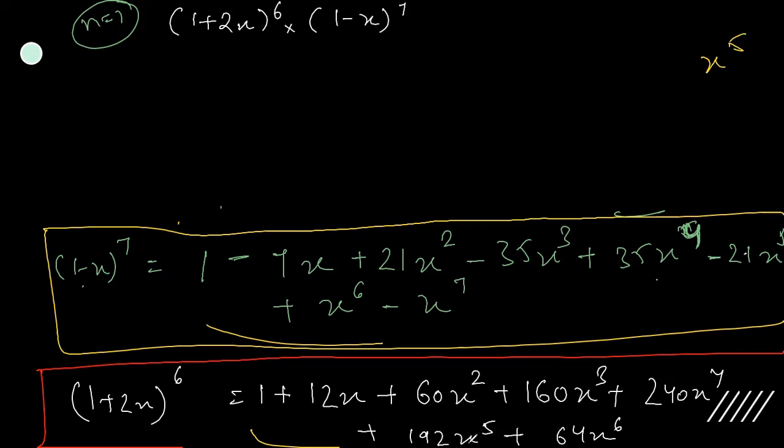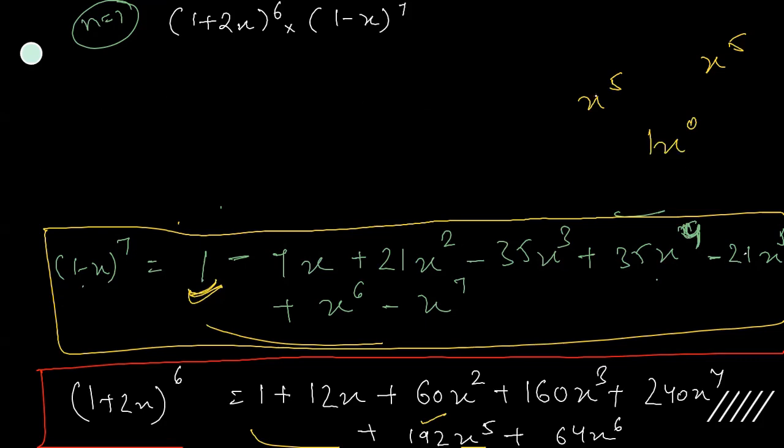So x raised to the power 5 will multiply with which term? It will not convert to x raised to the power 6 or 7 or 4 like that. So I am multiplying this term with this, and it will be exactly the same. This means 1 multiplied by x raised to the power 0.